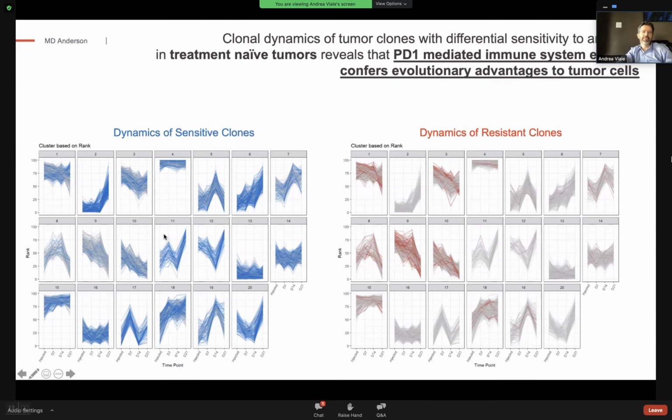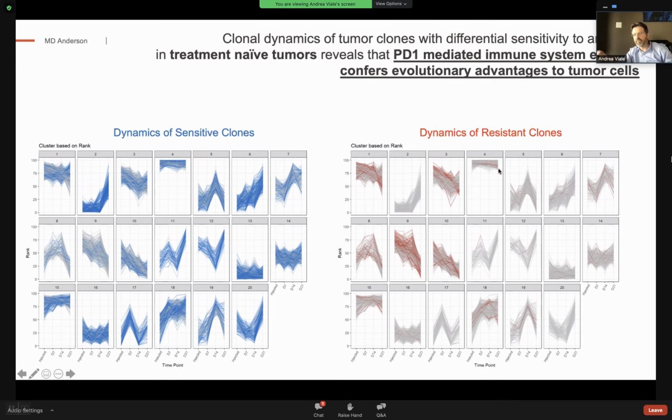And you can clearly see that the blue, the majority of the blue, have an upward trend, okay? So meaning that over time, over the different time points, these clones are really growing and they are colonizing the tumors, okay? They are those that are getting more expanded in vivo.